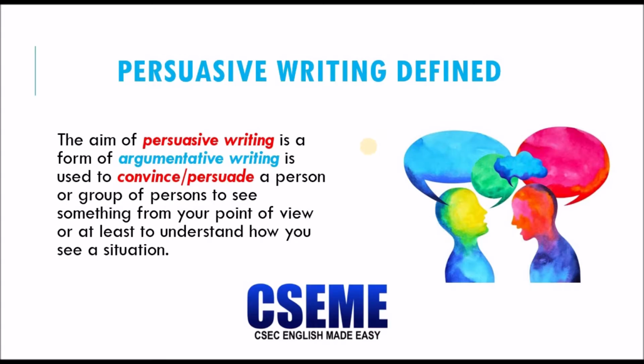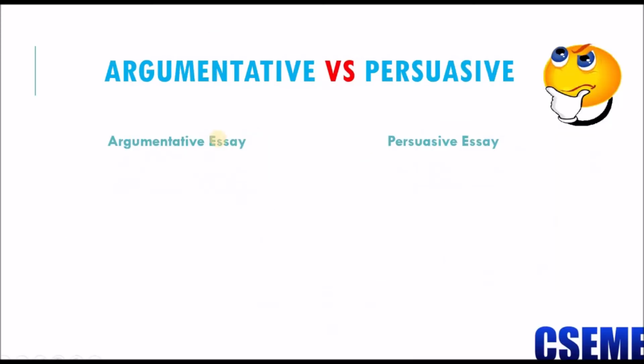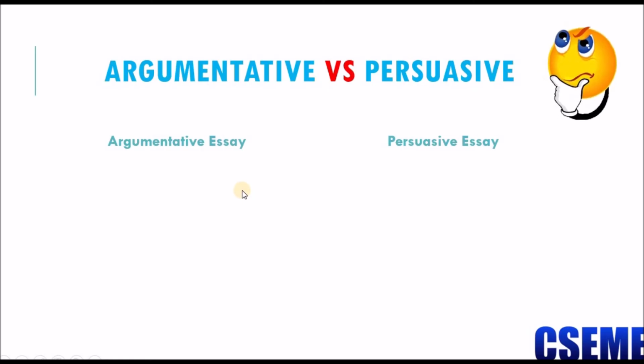So you're convincing them that what you're presenting is true, what you have to say is the right thing, and that they need to agree with what you are saying. Simply put, right?